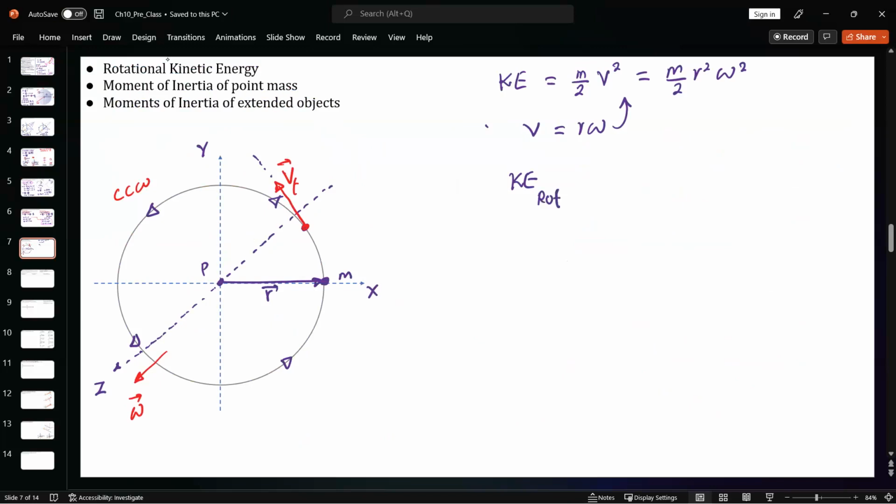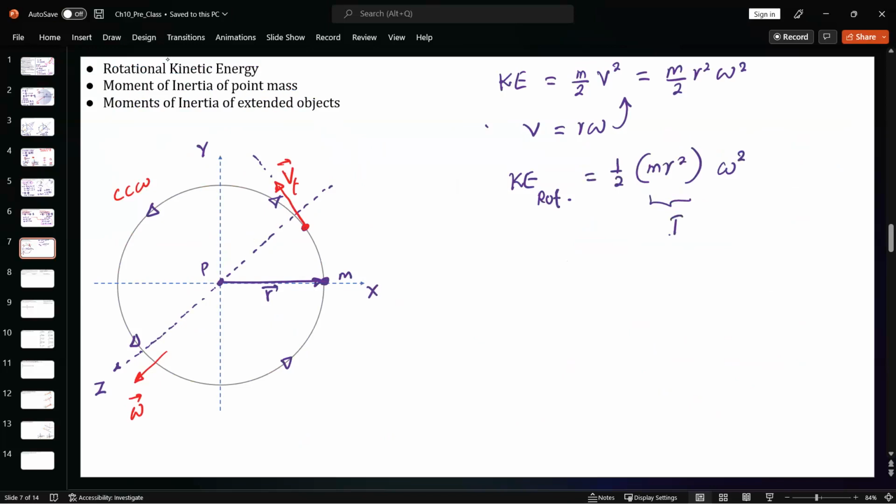Let's write the rotational kinetic energy, which equals half m times r squared times omega squared. This is for a point particle, whose mass is r distance away from the center. All of these are angular terms; what matters is how the mass is distributed around the center, not the mass itself.